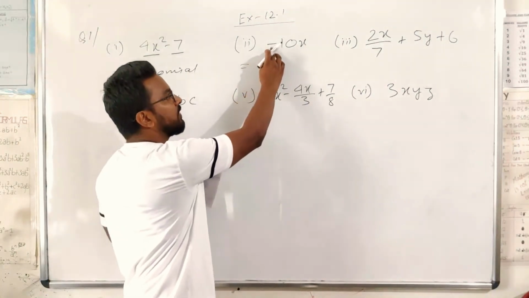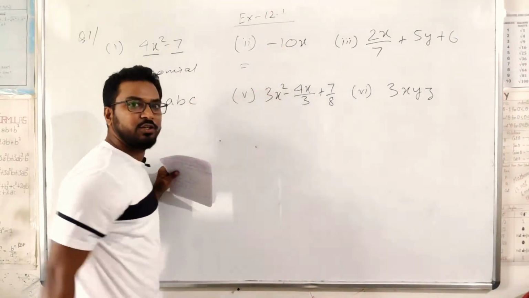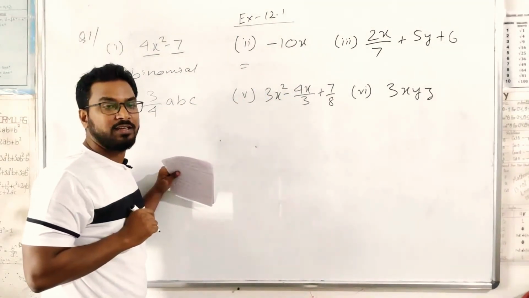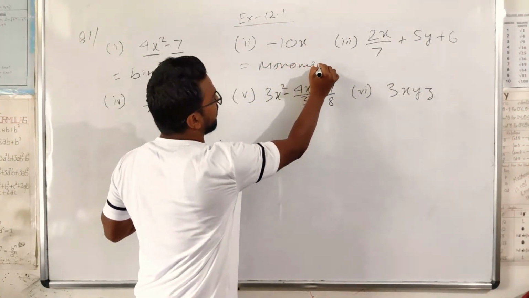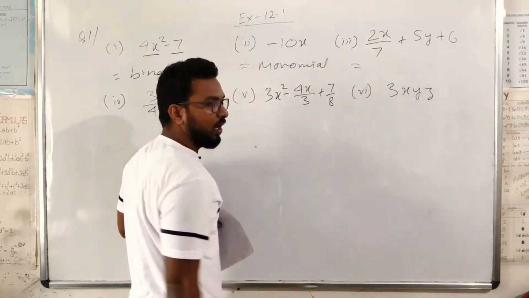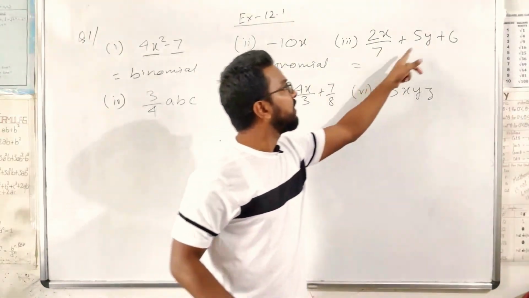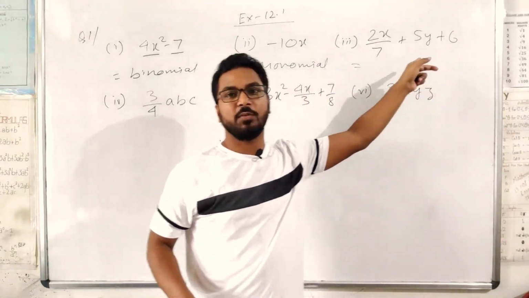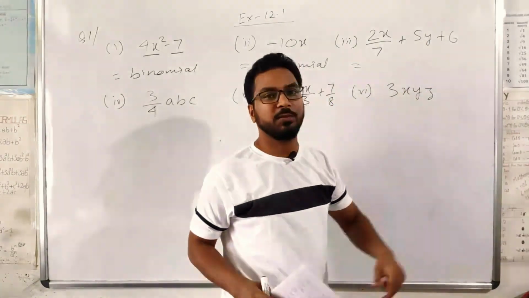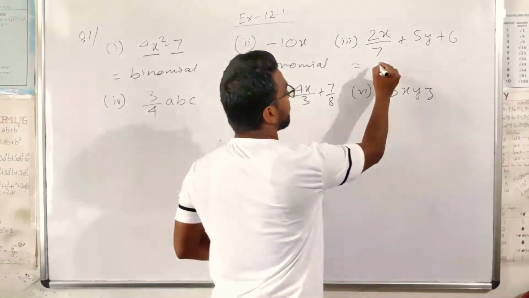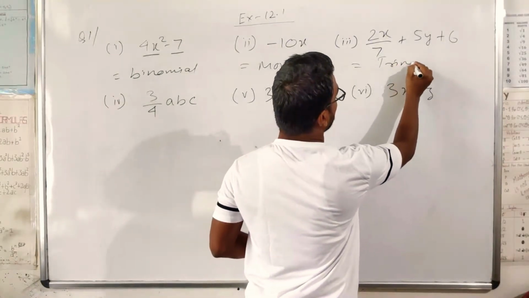Now here you see how many terms are here. There is a minus sign, but it is minus 10x. So only one term is there, right? So it will be monomial. Next, how many terms are here? 3 terms. The expression is separated by how many signs? 2 plus signs. So there are 3 terms. So this will be trinomial.